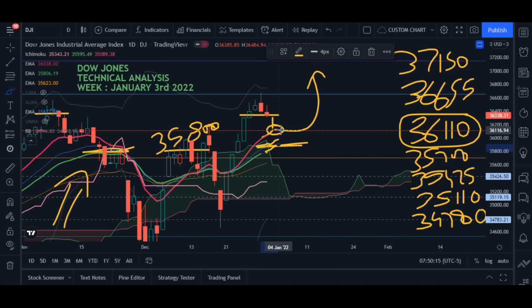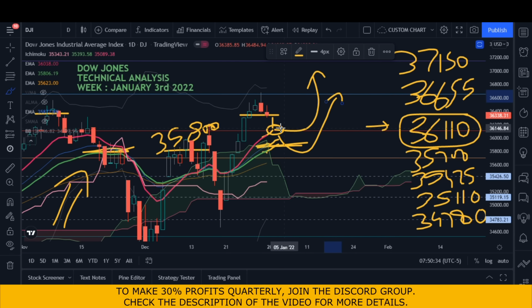Because the market will try to hold around 36,110, whenever it comes down, it will again retrace. Market is bullish, sentiments are bullish, which means whenever the market comes down, it will try to rebound, and that is the most likely scenario.